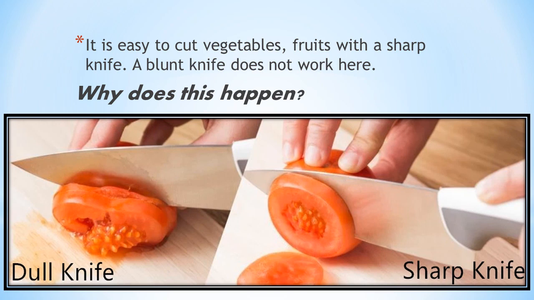Hence, the pressure exerted by the sharp knife is more than the pressure exerted by the blunt knife on vegetables. So the sharp knife is more effective than the blunt knife. That's why it is easy to cut vegetables and fruits with a sharp knife.